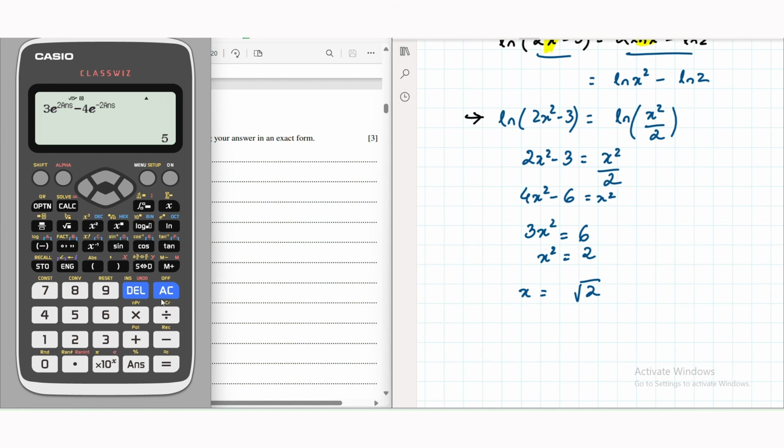The value of x is root 2, and then we do ln of 2 (answer squared) minus 3 in brackets, minus ln of answer squared divided by 2. If the difference comes out to be 0, that means they were equal.